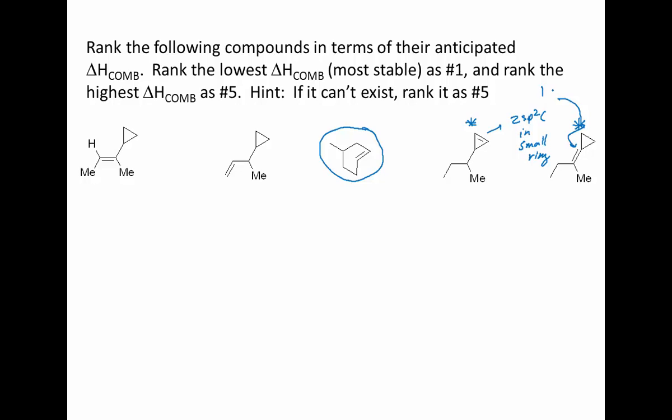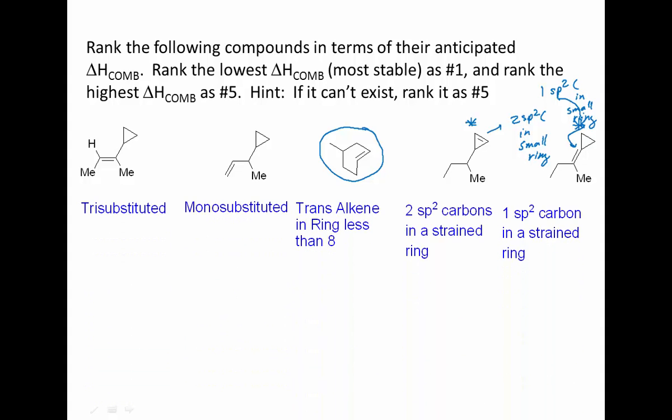This has one sp2 carbon in a small ring. And for the other two, the double bond is not in the ring at all, so we don't have to worry about those. We just count up the number of substituents on the alkene to rank these two on the left.